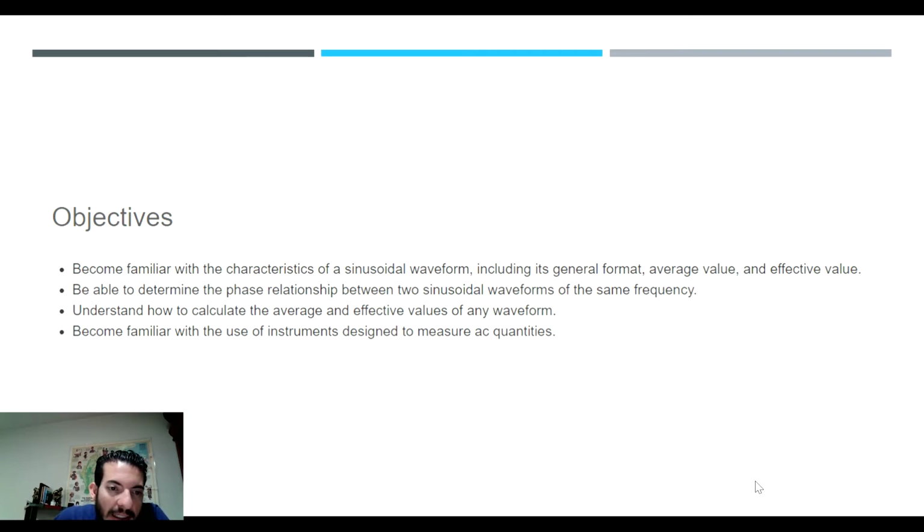Another goal is to be able to determine the phase relationships, the phase shifts, and the frequencies that the wave carries. So depending on the circuit or the system, there are different types of frequency domains or frequencies that you deal with. So for voltage into your appliance, into your system, most likely the frequency is fixed to 60 Hertz.